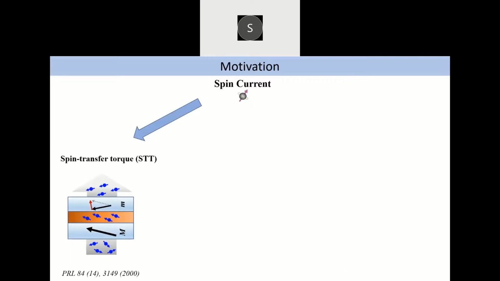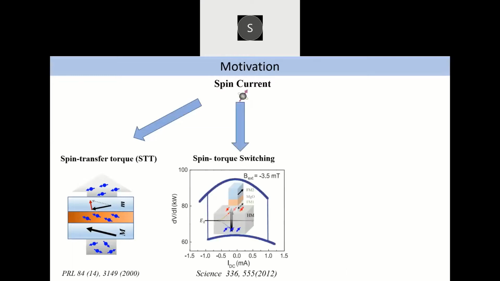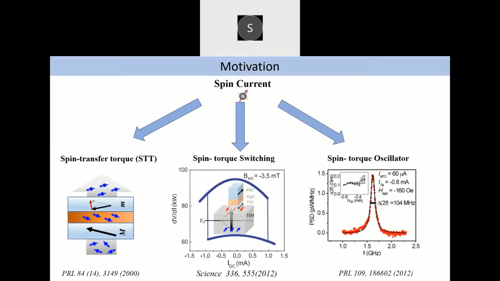So we know that spin current has many applications. Spin current can create spin transfer torque, and it can be useful for switching, which can be useful for MRAM applications, and for spin torque oscillators, and there are various other applications like TMR and GMR based sensors, etc. One of the very efficient ways to generate spin current is the spin Hall effect.